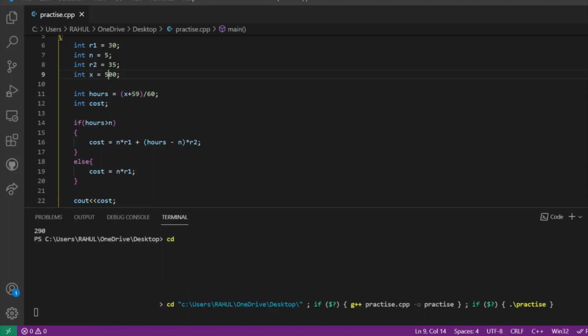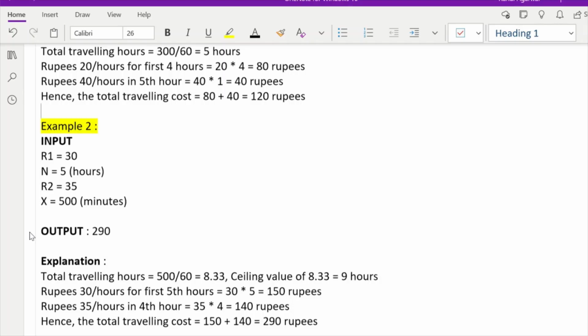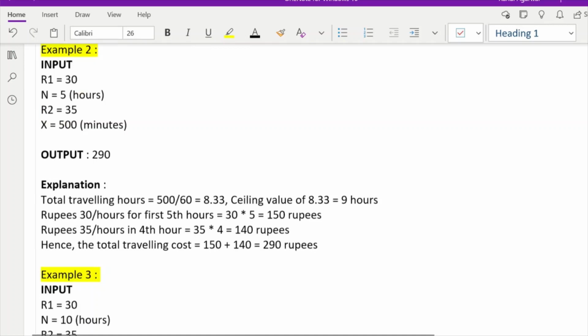So you can see that the output that we have got is 290. Okay, so this was the output that we were getting, 290.